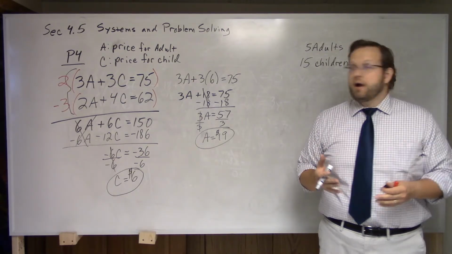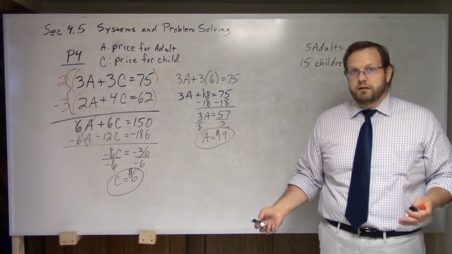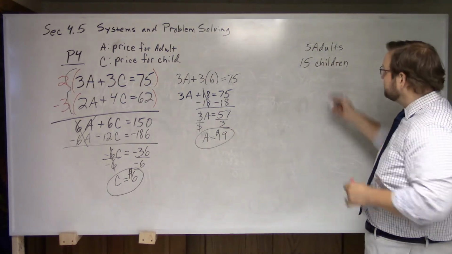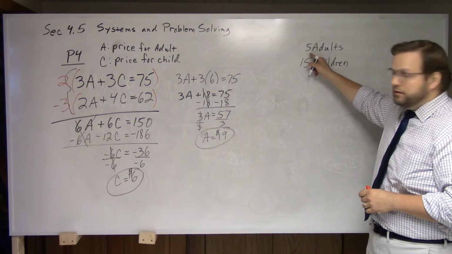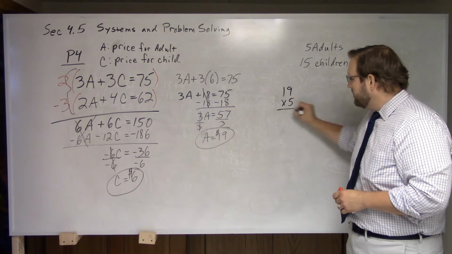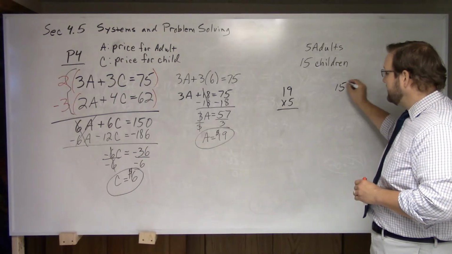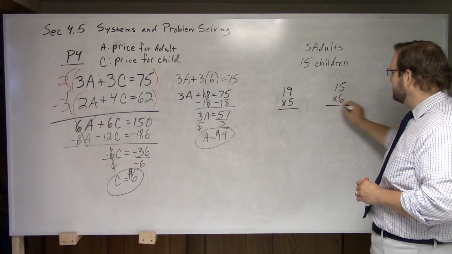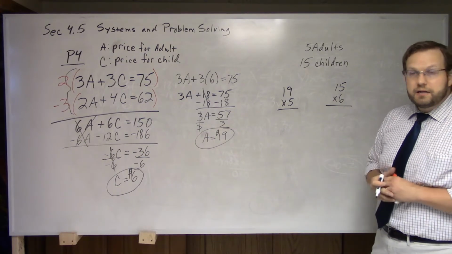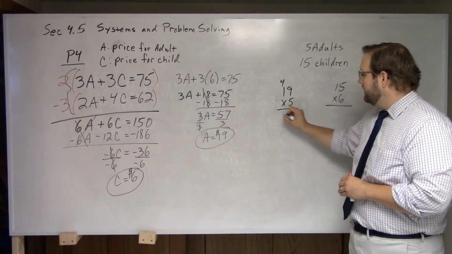Well, to figure that out, we need to use these normal prices and see how much that's going to be. So if I do that, how much are these adults paying? They're paying $19 times 5 adults. How much are the kids paying? They're paying 15 kids each $6. So what does that come out to be? I've got 45, and then I get a 9.